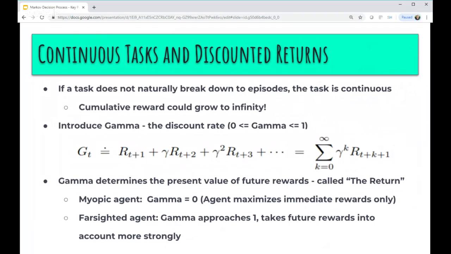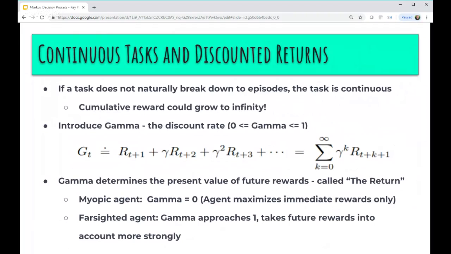So to introduce into continuous tasks a mechanism that would let us learn in that situation, we introduce a concept called discounting. To discount future returns, we have a discount rate gamma, where the total return, which you see in this equation here, G sub t, is defined to be the return that we get in the next state plus all future returns discounted by gamma, where each future return has gamma raised to an exponent.